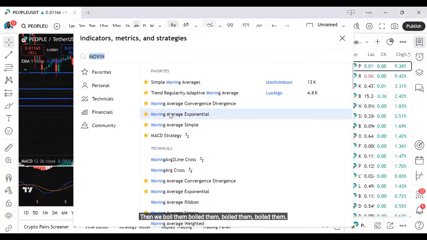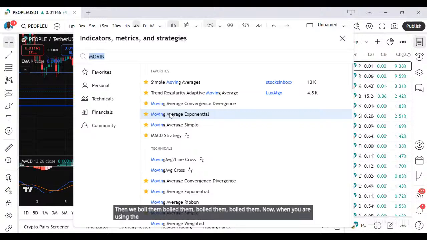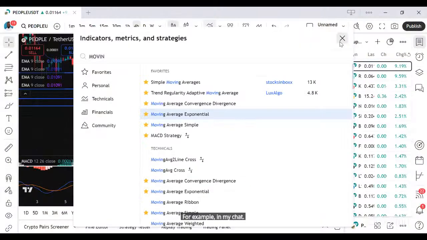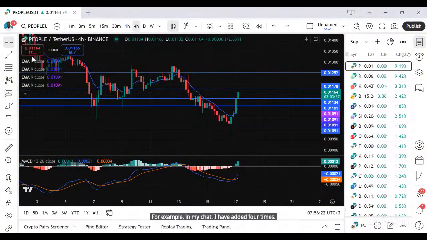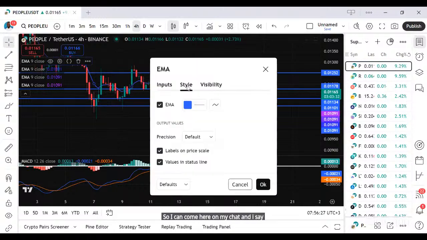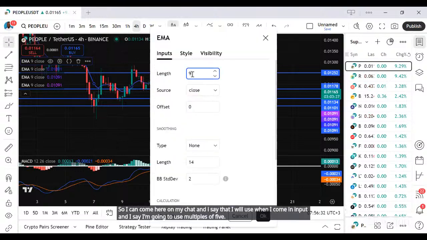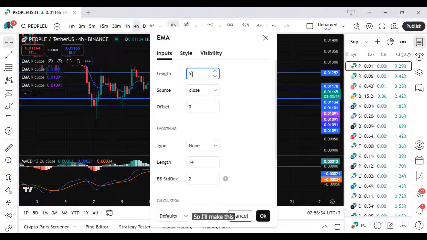Now, when you are using the exponential moving average, you can use what we call multiples of 5. You can even use multiples of 10. It is up to you. For example, in my chart, I have added four lines. I come here on input and say I'm going to use multiples of 5, so I'll make this a 5 exponential moving average. Then I come here on style.